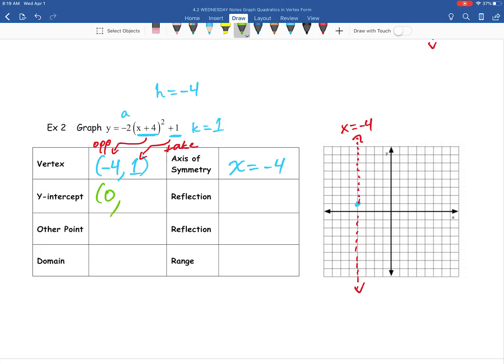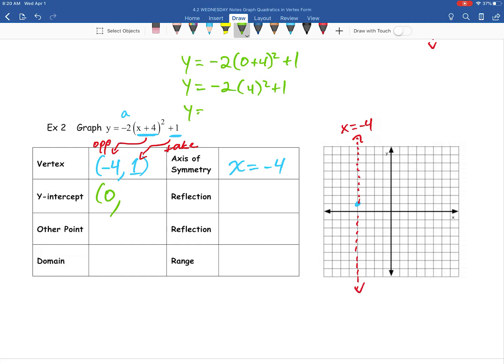Now for our y-intercept, we're going to plug in 0 for y. I'm sorry, 0 for x, and then figure out what our y is. Cleaning this up a little bit, we have y equals -2 times 0 plus 4 squared plus 1. So y equals -2 times 0 plus 4 is 4 squared plus 1.